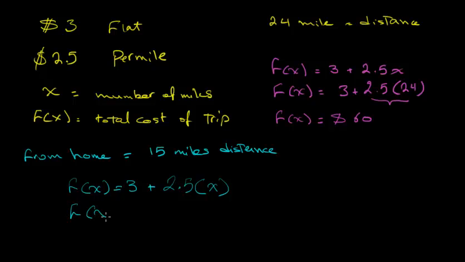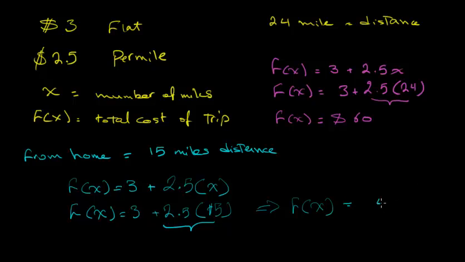So f of x equals 3 plus 2.5 times 15. We multiply these two, and f of x equals $40.50 for a trip to the museum from your home. So this is how we write a function.